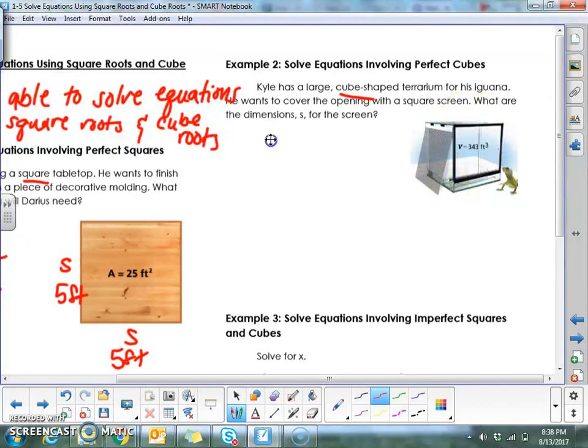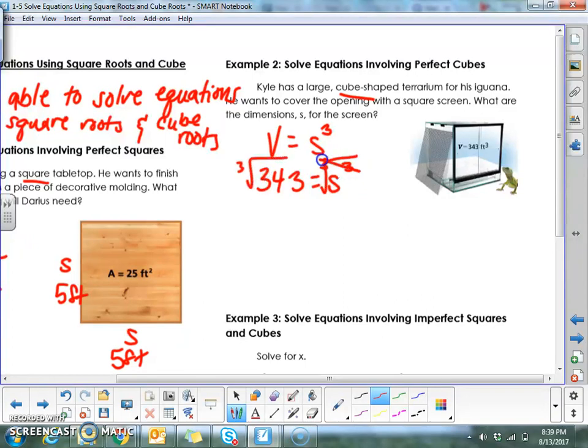Since it's cubed, we're going to be looking at volume, which is equal to the side length cubed. Our volume here is 343 feet cubed. In order to get rid of this cubed, I'm going to take the cube root of both sides.